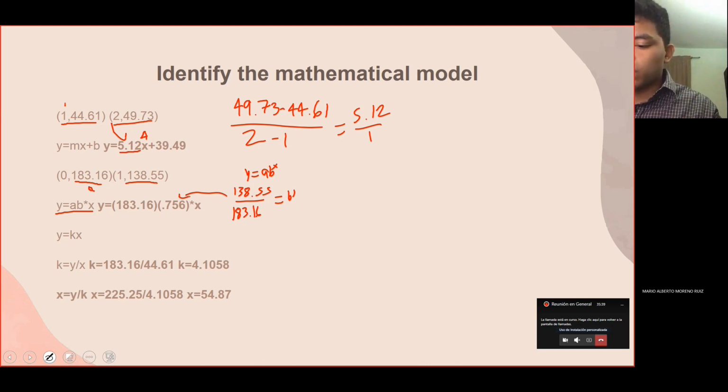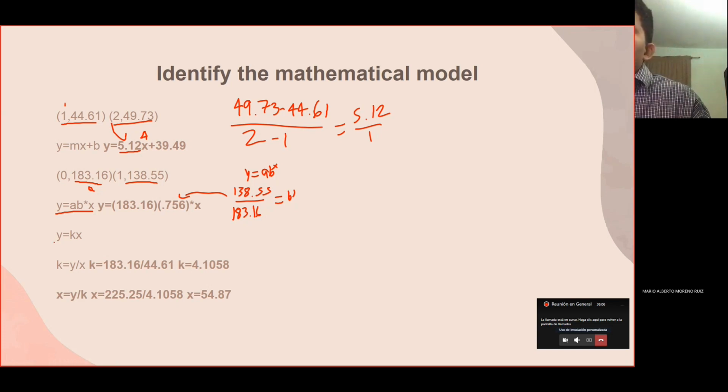And with this mathematical model, or with this equation, you are going to be able to calculate the total saving that you are doing as time passes. You are going to be able to know in 1, 2, or 3 months, or whatever you want to know.